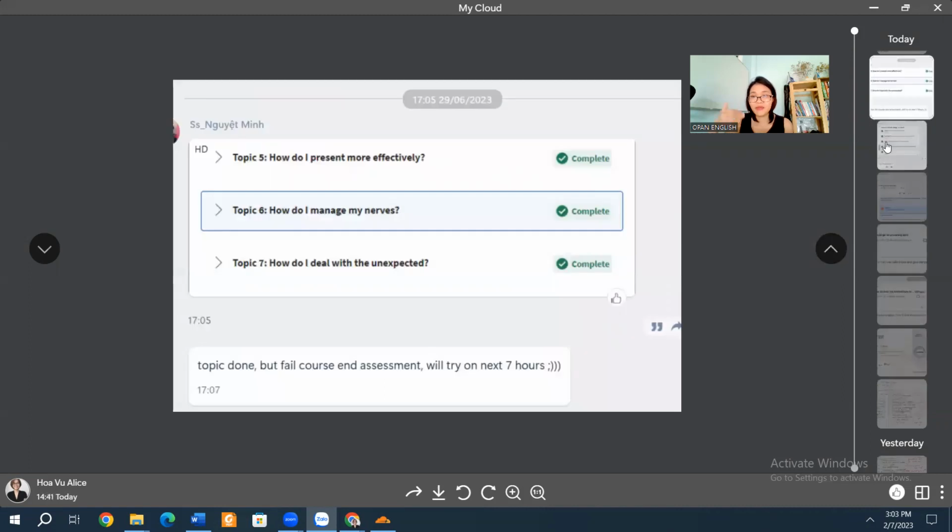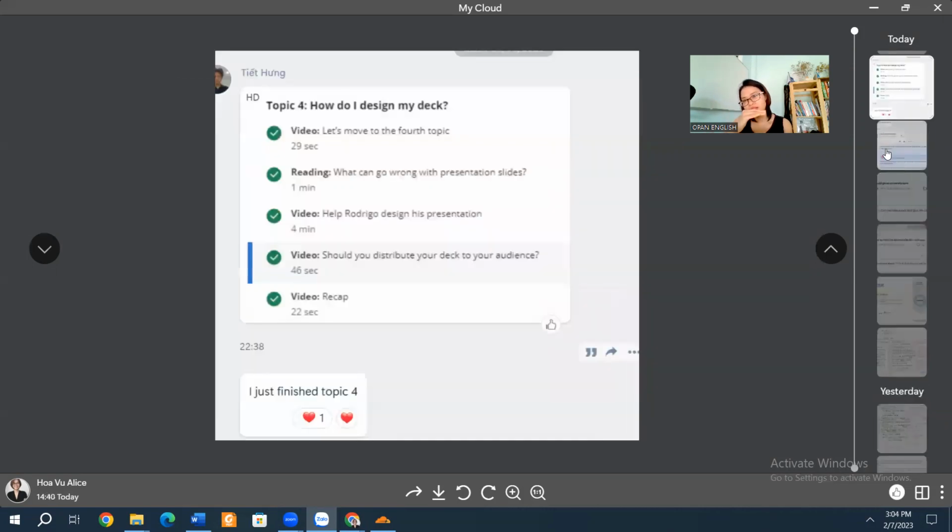So for example, they message me to update their progress. Every day, how many topics they completed, and which assignments they passed. So they know what they have completed and what they have learned, and they are assessed by this final assignment.